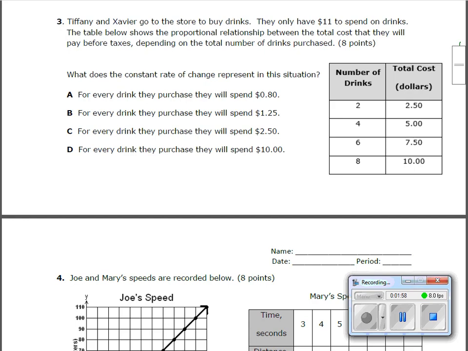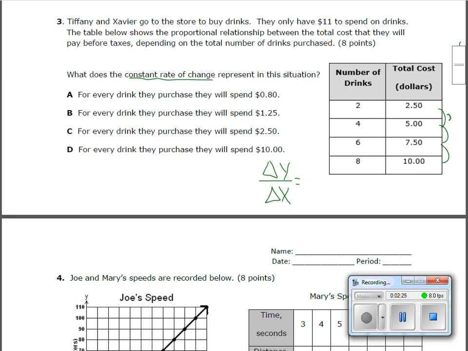Number 3 says, Tiffany and Xavier go to the store to buy drinks. They only have $11 to spend on drinks. The table below shows the proportional relationship between the total cost that they will pay before taxes, depending on the total number of drinks purchased. All right, so what does a constant rate of change represent in this situation? Again, we're dealing with the change of Y over the change of X. How much did I change from each one?